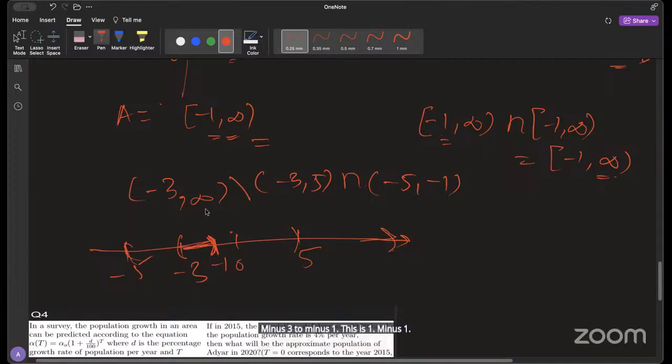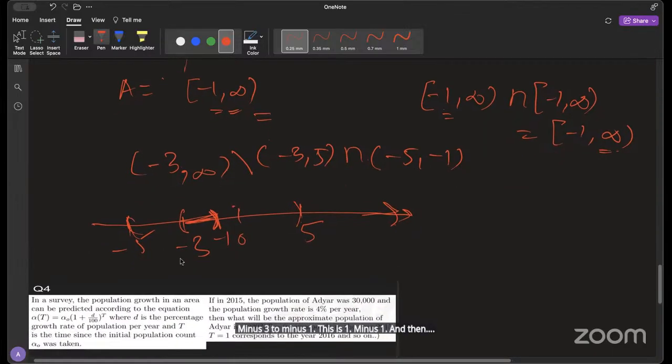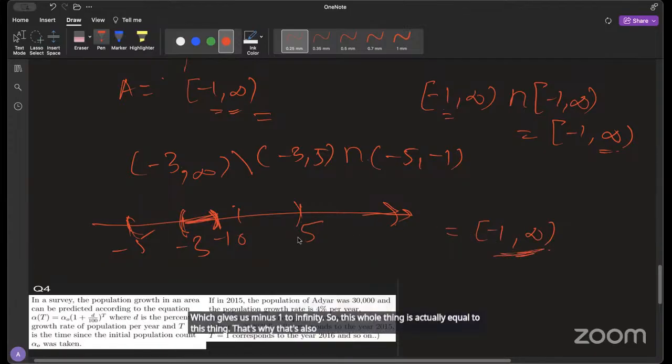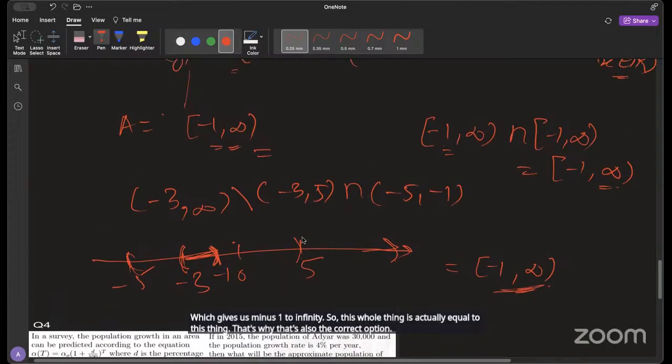And then we just need to remove this interval from -3 to infinity. So -3 to infinity is everything after -3, and this is -3 to -1, which gives us -1 to infinity. So this whole thing is actually equal to this thing. That's why that's also the correct option. I hope that's clear.